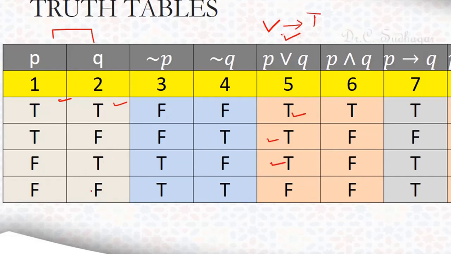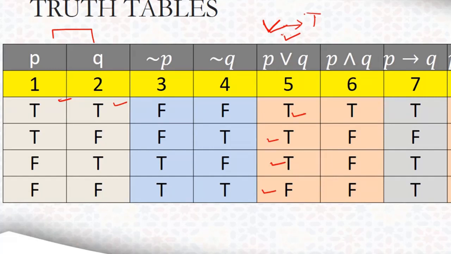If you look here, there is no T, so if there is no T, you put an F here. So for this OR operator, you should check for the T. Remember this as a rule.